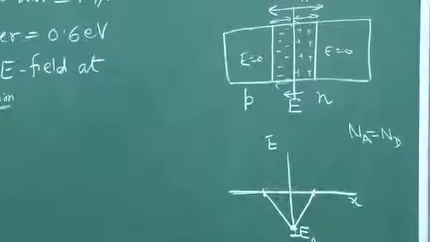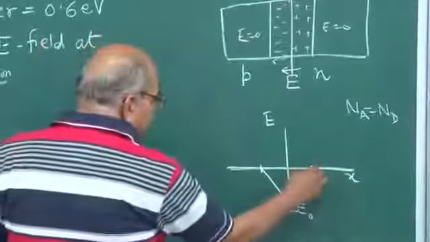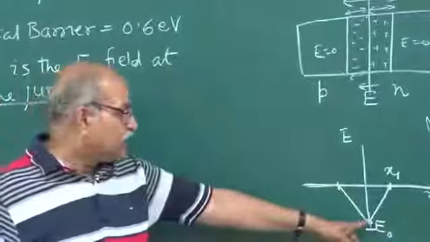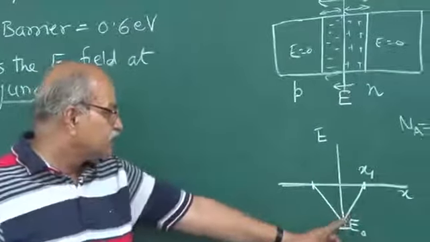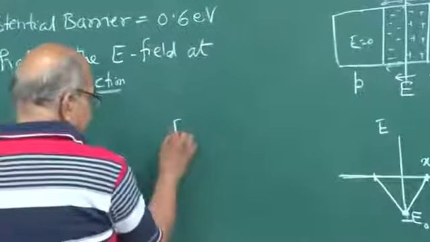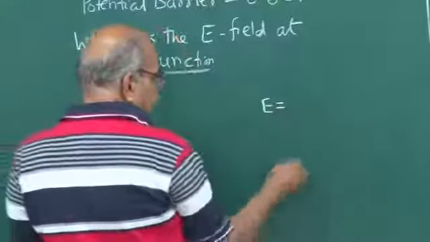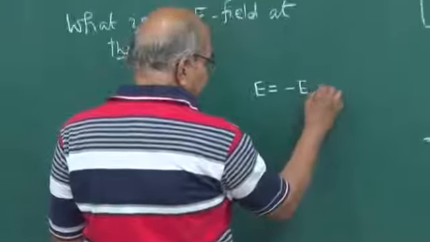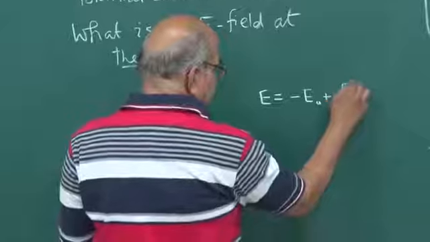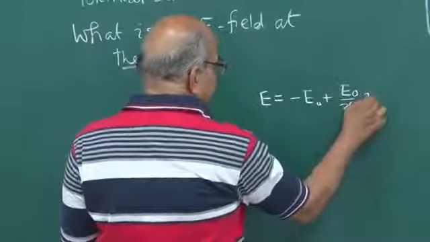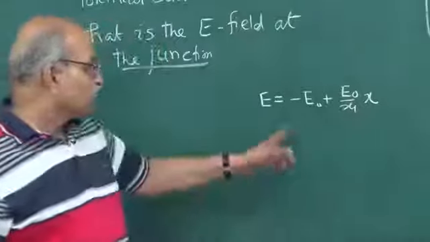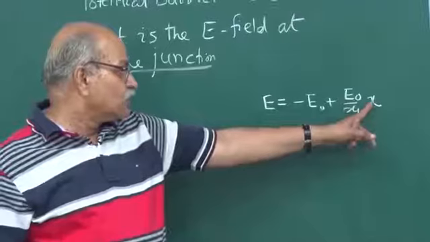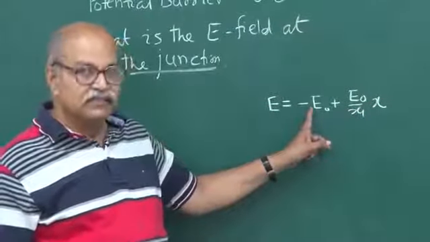All right, let me call this x1. What equation can I write for the electric field here? I can write E equal to minus E naught plus E naught over x1 times x. Just check: this is a linear equation, and at x equal to 0, E is equal to minus E naught.